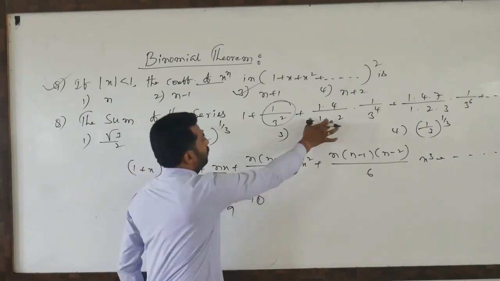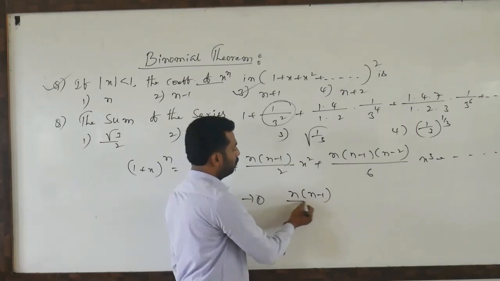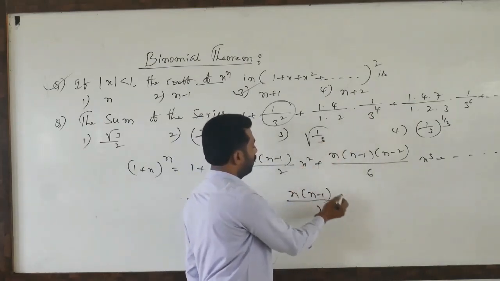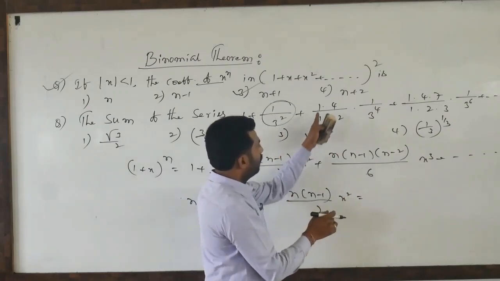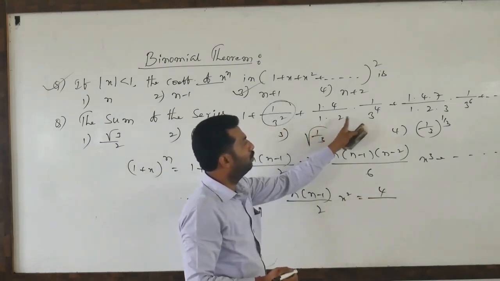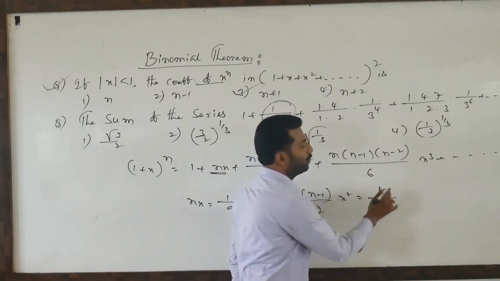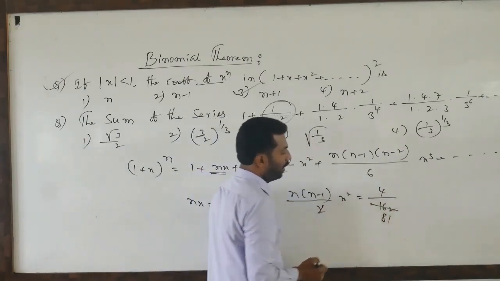Next, this one you compare. n into (n minus 1) by 2, here x square, here also x square. How much is this? Numerator is 4, denominator 1 into 2. This is 81, 162. This is 2, 81 times cancel.